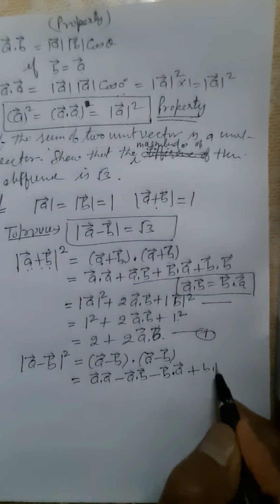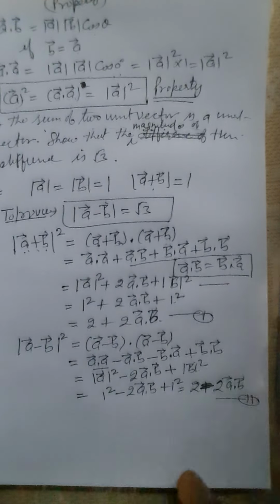So now this result is 1 square minus 2 times A dot B plus 1 square. That will be 2 minus 2 times A dot B. Suppose this is second equation.